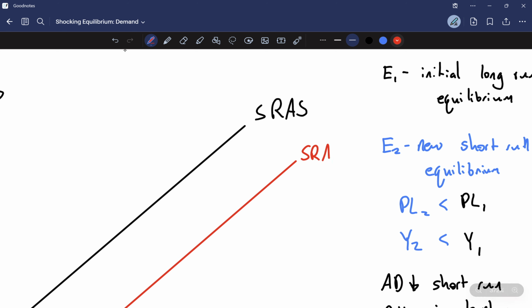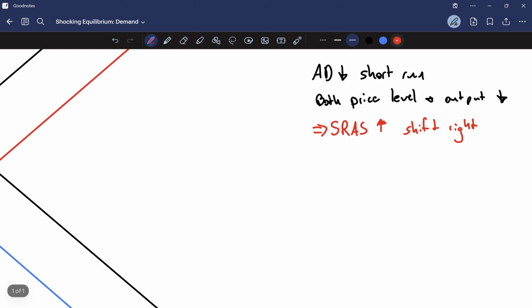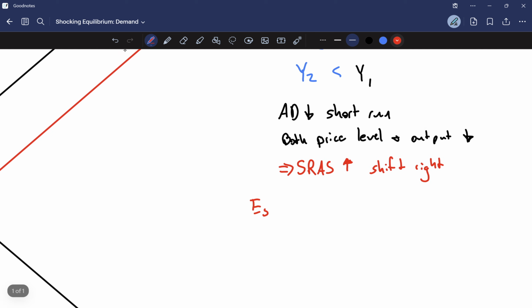We'll call this new curve SRAS1, and we'll see we have a new equilibrium once again, E3. E3 is our new long run equilibrium.